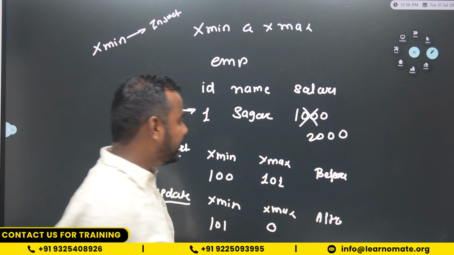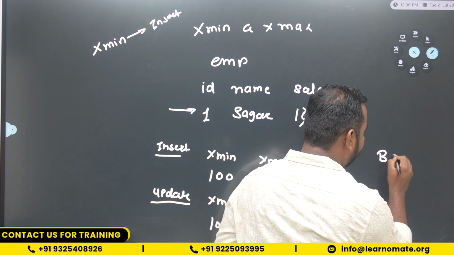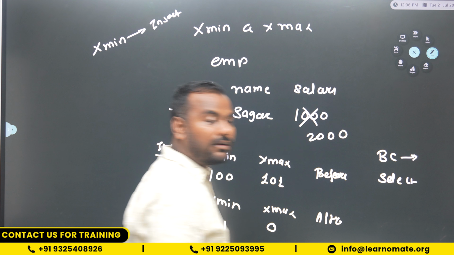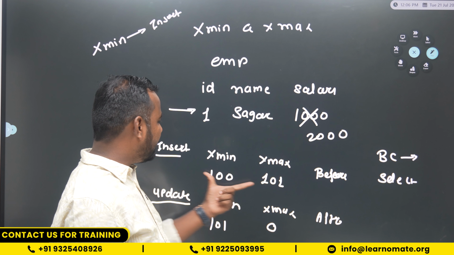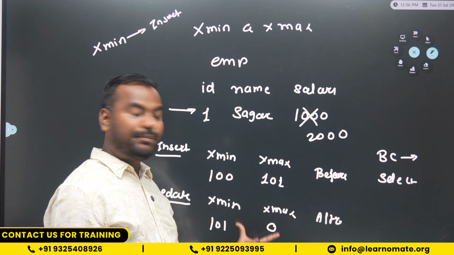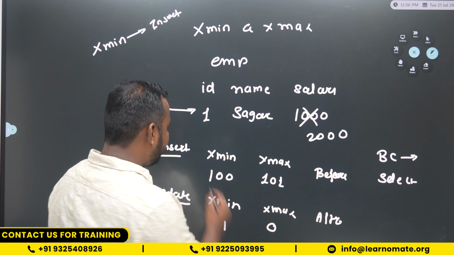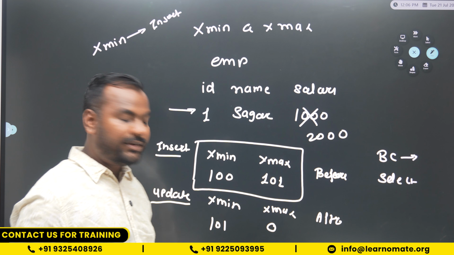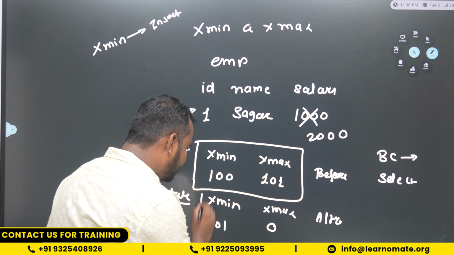Now when you do select before commit, which transaction will be visible, this one or this one? Before commit I am saying. So you will get these transactions. And after commit, which tuple you will see? You will see this tuple.